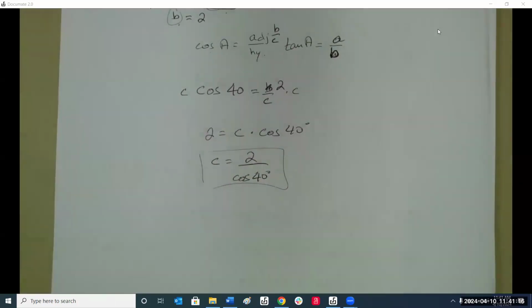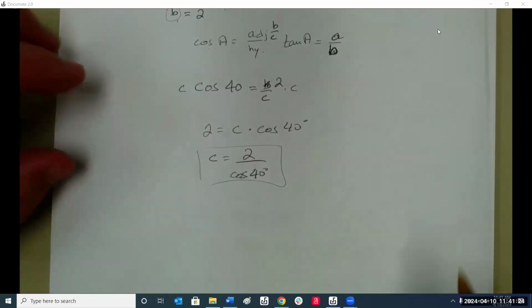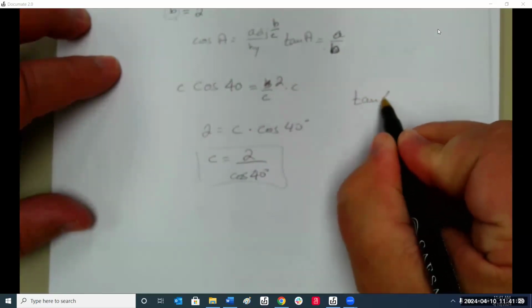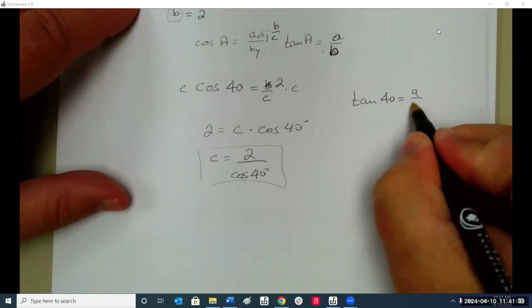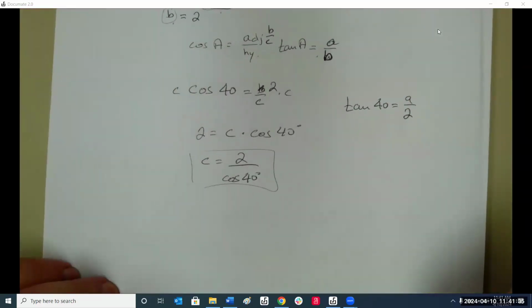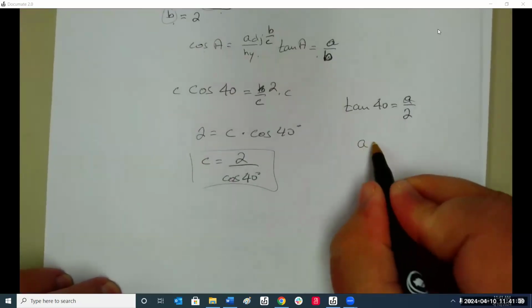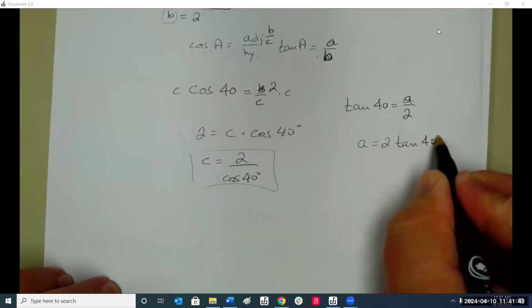We just found C. Likewise, if we have tangent of 40, A over 2. So side A is equal to 2 times tangent of 40.